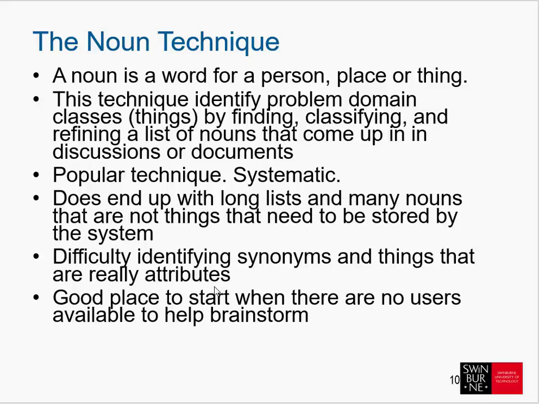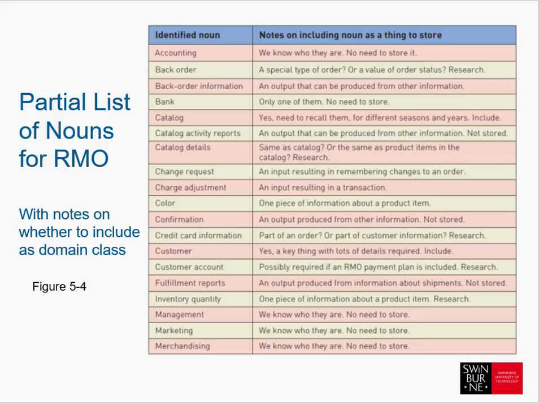The noun technique is very popular when there are no users available to help brainstorm. So in some projects this is one of the popular ways to identify entities and attributes.